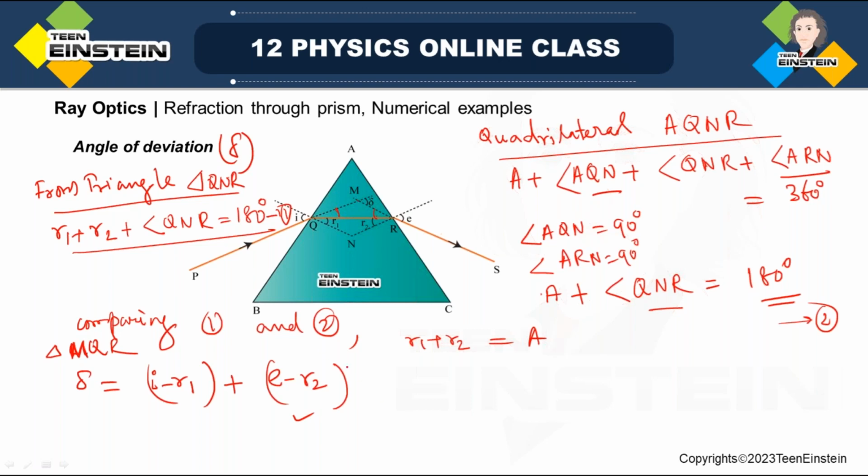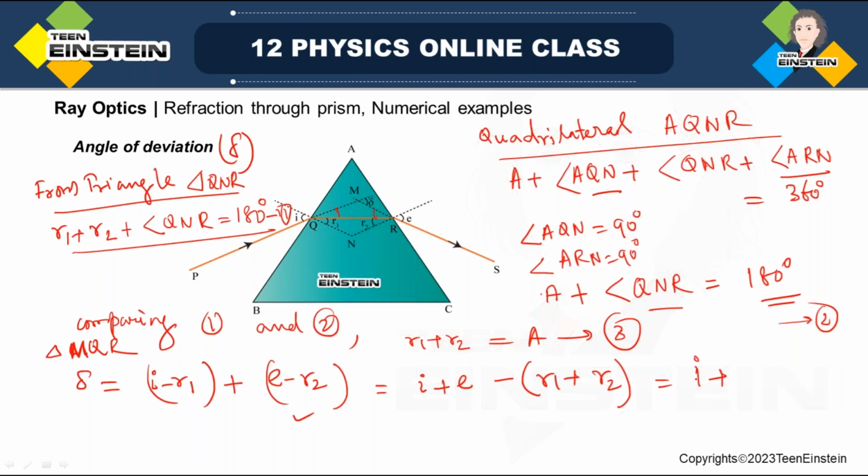Look now, this equation gives you... okay. So from here, see, this is equation number 3. From equation number 3, if we write this term as A, then what we get?